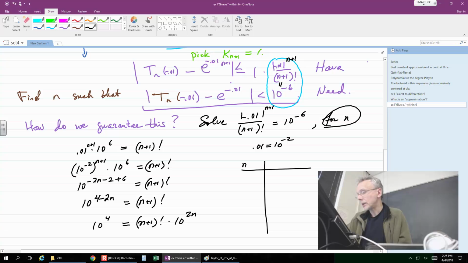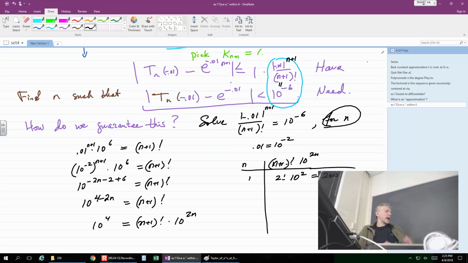So n here, and over here I'll have that expression: n plus 1 factorial times 10 to 2n. Let n be equal to 1. What do I have? 2 factorial times 10 squared, which is 200. What's the conclusion? Not good enough. No, it's not equal. We're not really after equal.